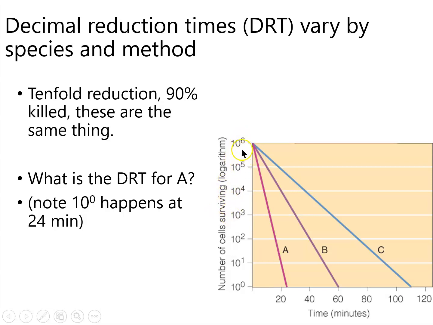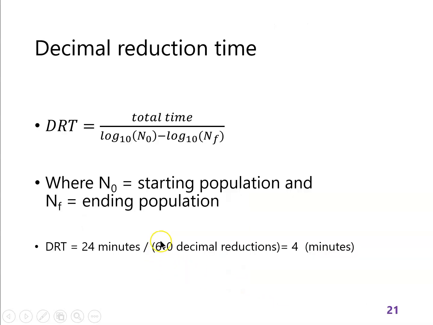Well, here's one. It goes from 1 million down to 100,000. So that's a 10-fold reduction. Then it goes from 100,000 down to 10,000. That's a 10-fold reduction. Down to 1,000, down to 100, 10, 1. So that's 1, 2, 3, 4, 5, 6 decimal reductions in 24 minutes. So by my math, that's 4 minutes per decimal reduction, or a 4-minute decimal reduction time.